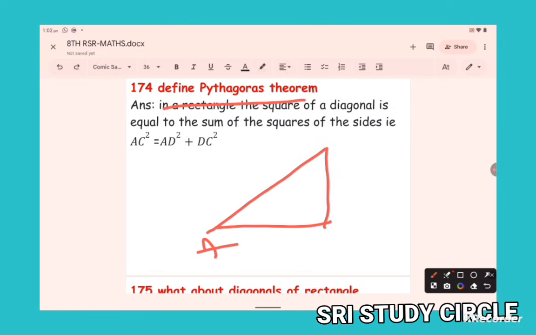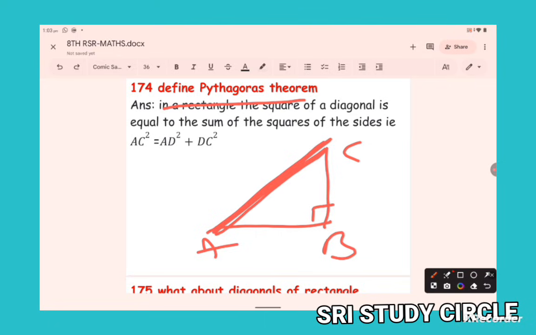Suppose this is triangle ABC, a right angle triangle, right angled at B. The side which is opposite to the right angle is called the hypotenuse. So AC is the hypotenuse here.